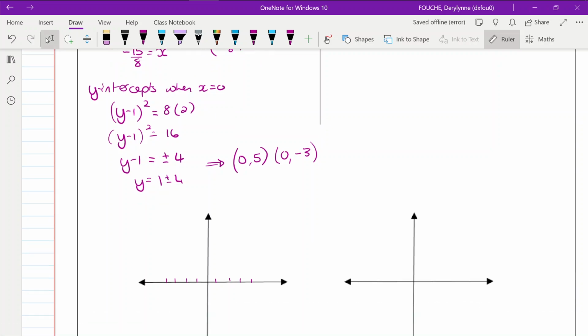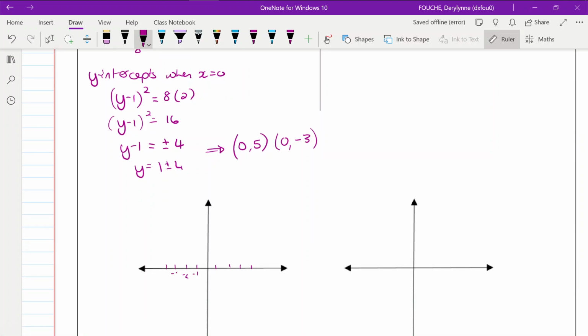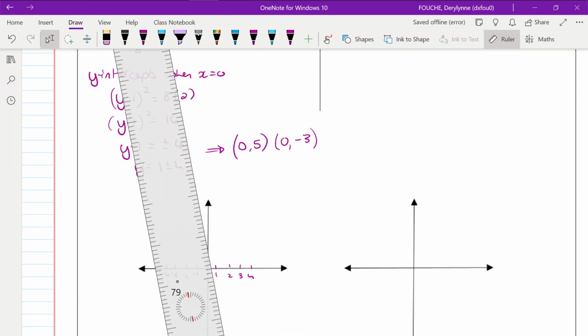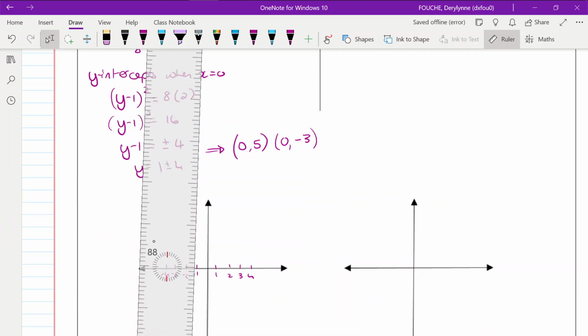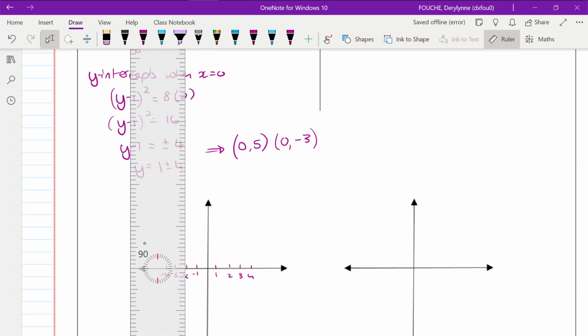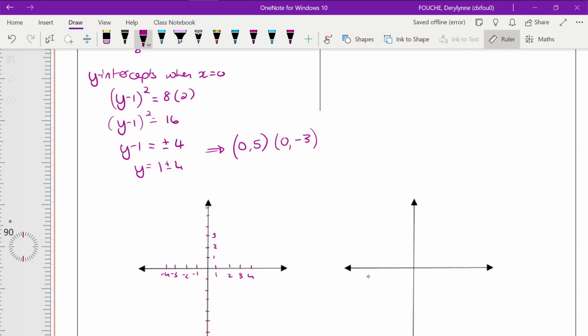So that's going to be at -1, -2, -3, and we're needing to go up and down.